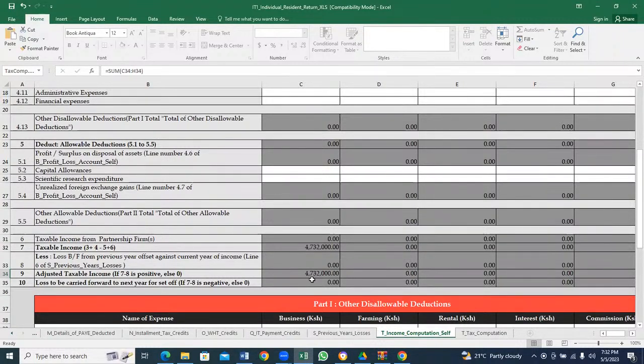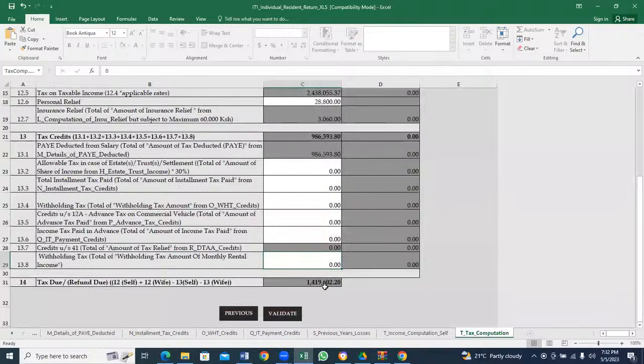But because of business, sasa kuna taxable income ya 4.7. 30% of 4.7 gives you 1,419,600.